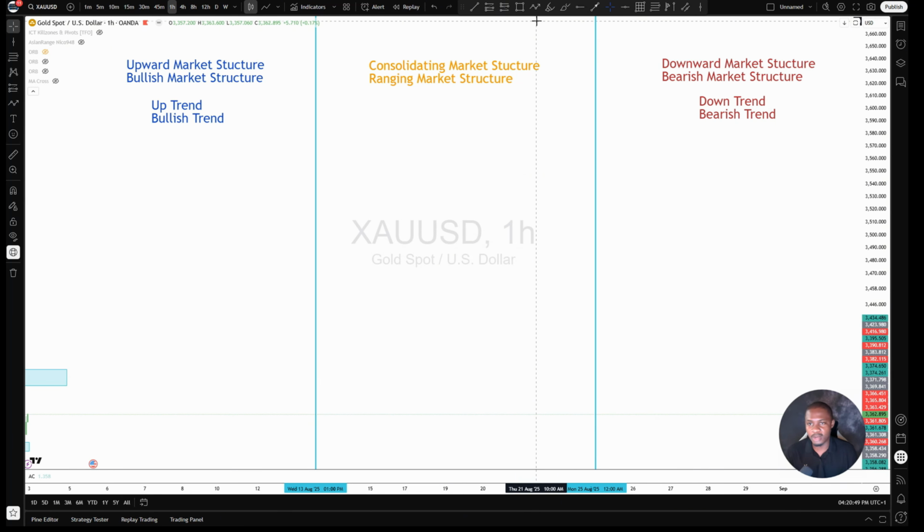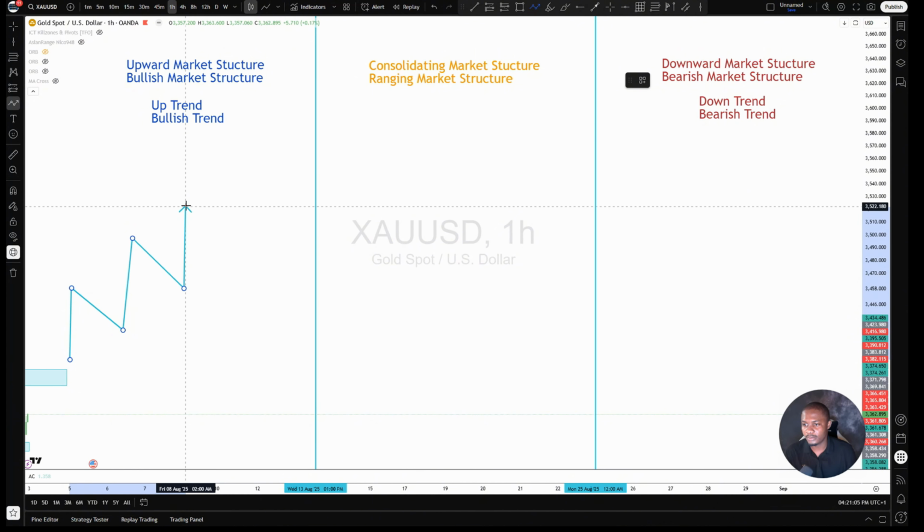I'll be drawing the market structure using a line chart to explain why each of these market structures is called this way. For the upward market structure, we have the market moving in this way. If you look at these lines I've just drawn, you will notice that price is generally moving towards the upward side.